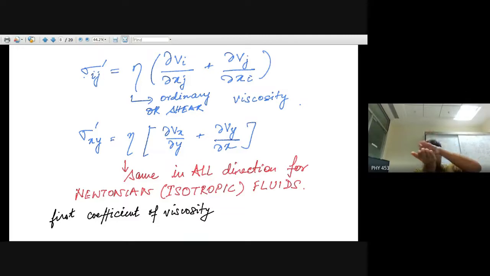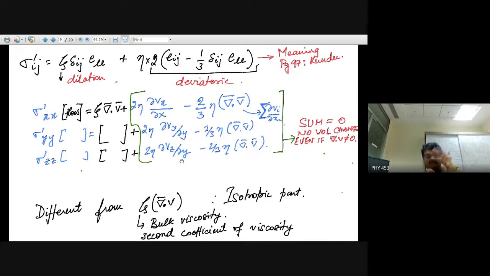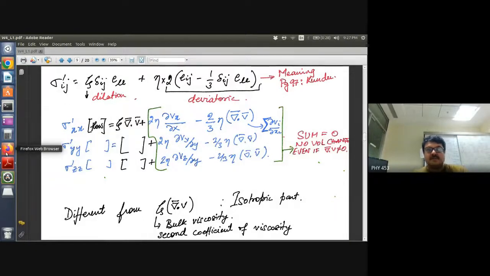Suppose you had layers of fluid flowing in the x direction, with a velocity gradient in the y direction, and no velocity gradient otherwise, so del Vy del x was 0. Then we get back our familiar expression: sigma dash xy, the viscosity stress tensor, is equal to eta into del Vx del y. That's what we have already discussed in the past. Okay, so this part I will record as part 2 of the lecture.